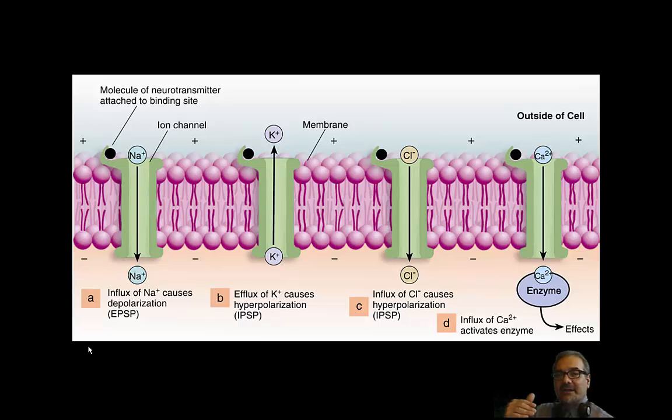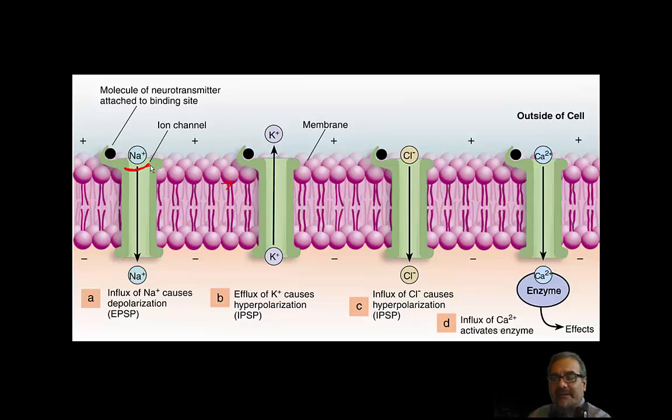Well, before you reach that threshold, there is a balance, and sodium is coming in. It's not necessarily yet reaching the threshold. The sodium might be coming in somewhere in the dendrite, and the axon hillock is quite a distance away.